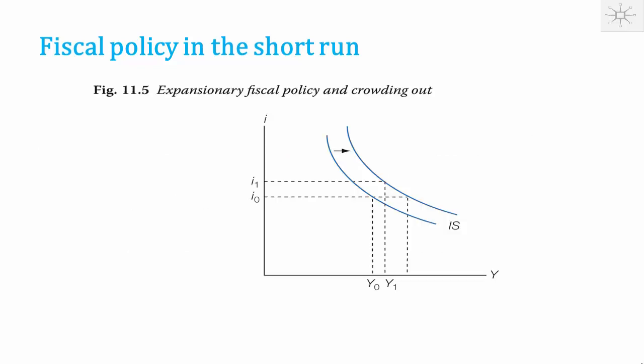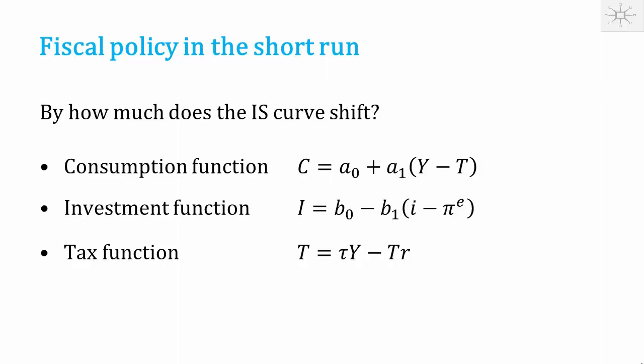So we can set up a little algebra to understand that more precisely. Here we assume linear functions in order to be able to do calculations. So we assume that consumption is a linear function of disposable income. Of course, consumption depends on other things, but everything else is now in A0.